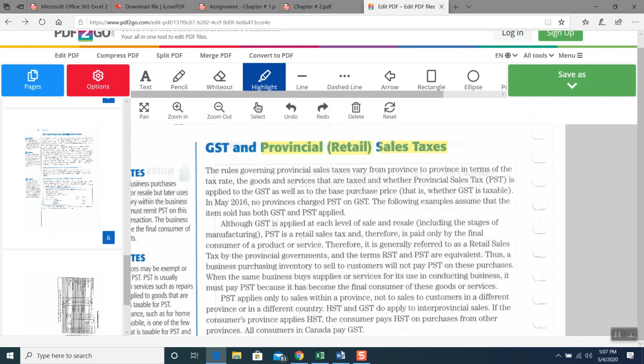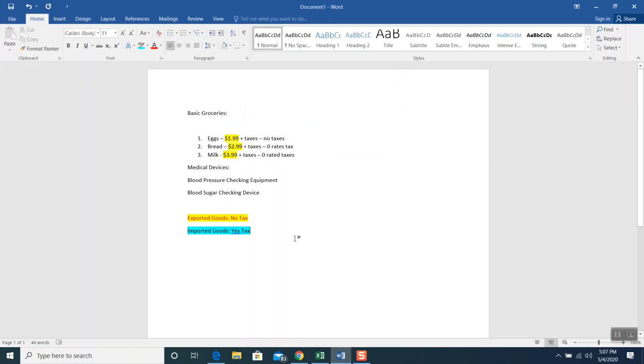So here for your understanding, we call it PST is equal to Provincial Sales Tax, and also we call it RST is equal to Retail Sales Tax, for your understanding.